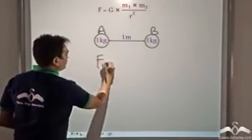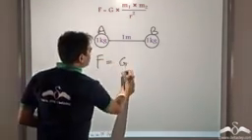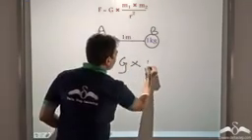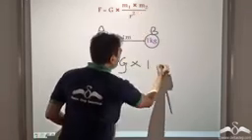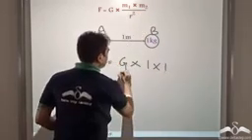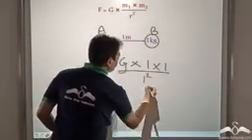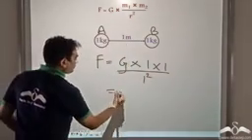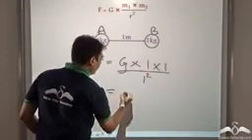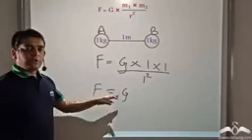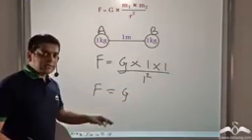Well, F would be equal to G into m1, which is 1 in this case, m2, which is 1 in this case, divided by r square, which is 1 square in this case. So what we get is G into 1 divided by 1 is equal to G. So F is equal to G.